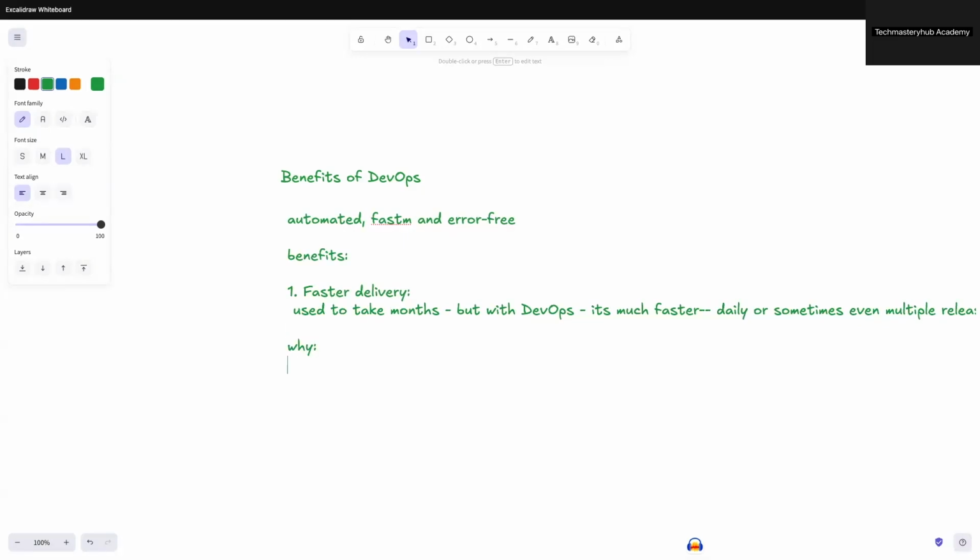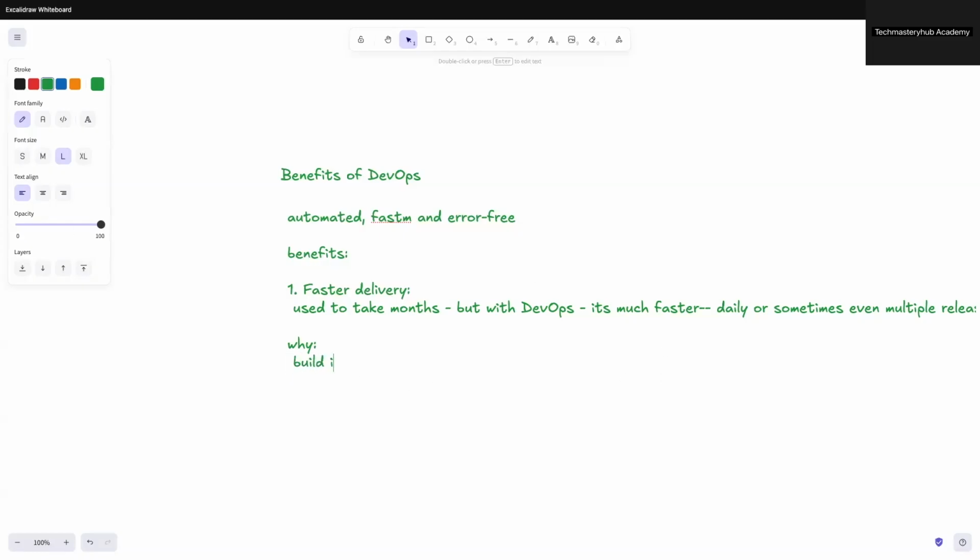Why? Because build is automated. Then testing is automated. Deployment is also automated. So instead of waiting for long release cycles, companies deliver features continuously. This helps businesses to respond faster to customer needs or market needs.